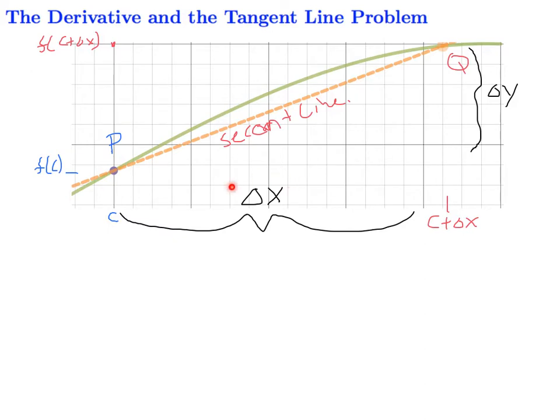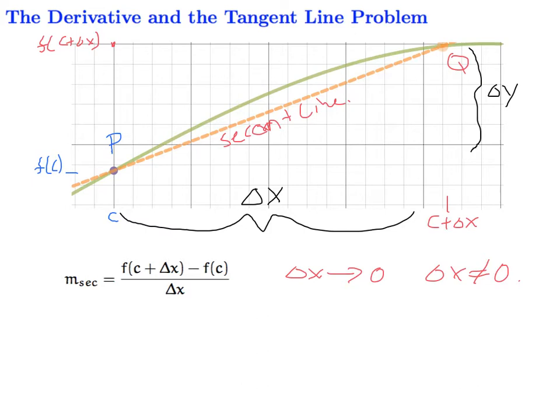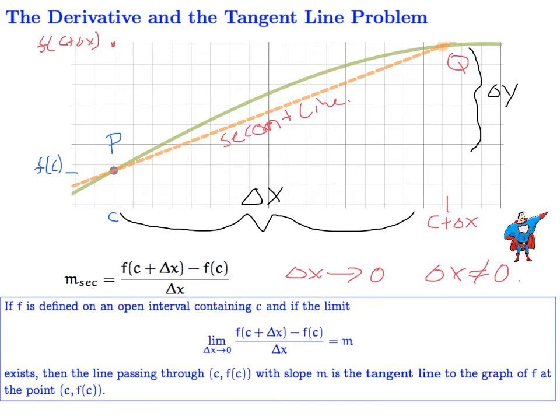Now what this also means is we need to take this delta x and make it smaller, because by making this horizontal distance smaller, that'll bring the point Q closer and closer to P. Now the issue here, of course, is that this is good for our difference quotient, it'll give us a better result, but we need to make delta x go towards 0, but we can't let delta x equal 0. We want to approximate it as we get close, not what happens at 0, because of course we don't want to divide by 0. And of course we use our good old limit again, because limits let us get close to stuff without actually figuring out what happens at the place where it equals 0.